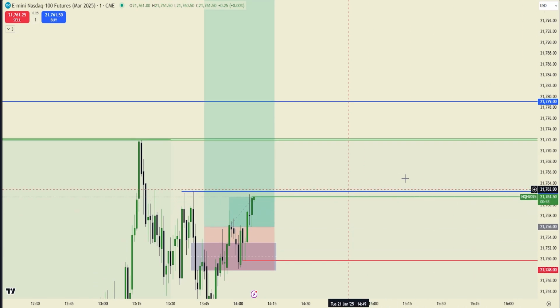So we're almost to that break-even target now. Just hit it. So now your stop should be at break even on that long, for those of you that are still in that. Yeah, exactly, Travis.